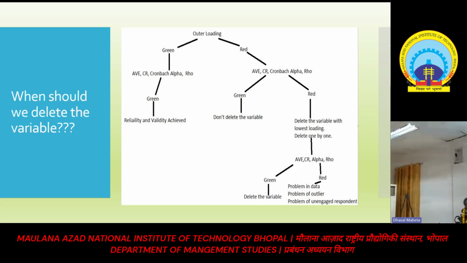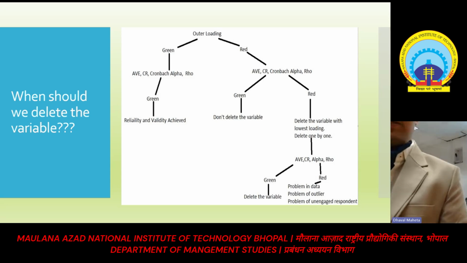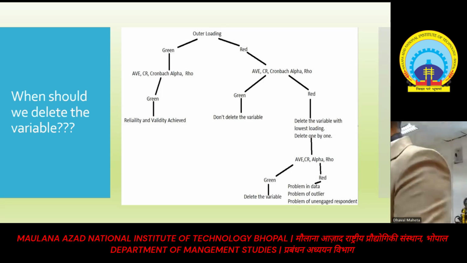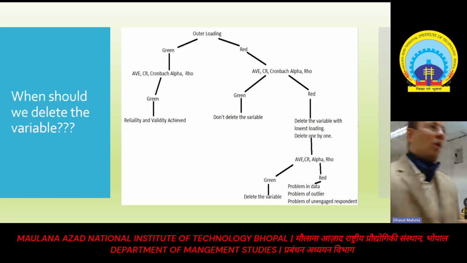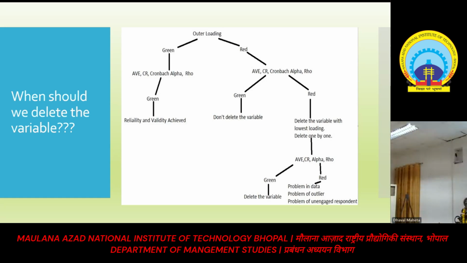Now what will you do? Delete the variable from the lowest. Now your AVE, CR, Cronbach alpha should turn green. You have done many wrong things in your life. Still it's red. Okay, so you start fasting one day a week. Or you can call me. Yes, you don't want to do fasting.